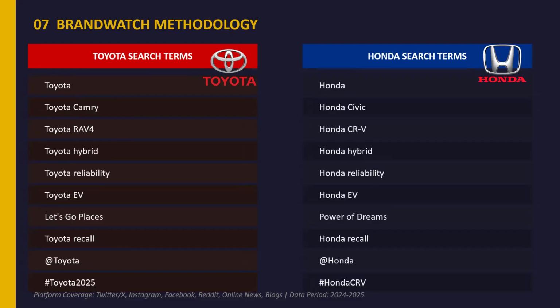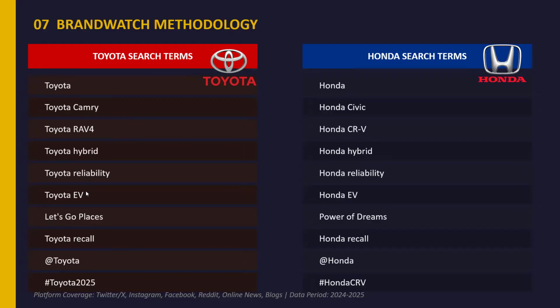So for Toyota, my search terms included the brand name itself, specific model names like the Toyota Camry and the Toyota RAV4, and thematic terms like Toyota Hybrid, Toyota Reliability, Toyota EV.